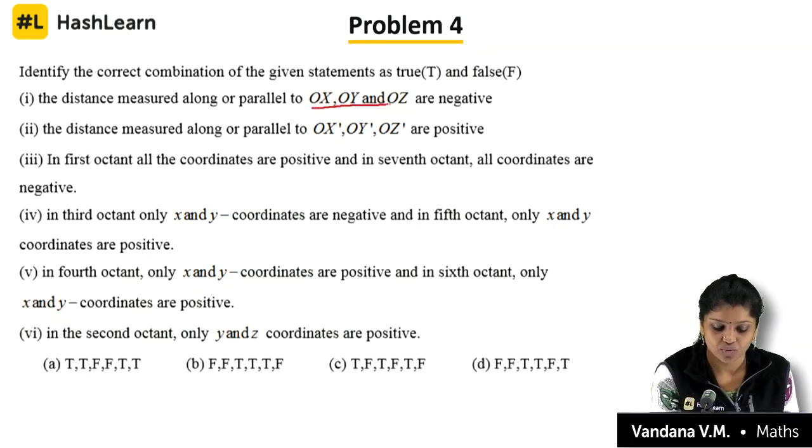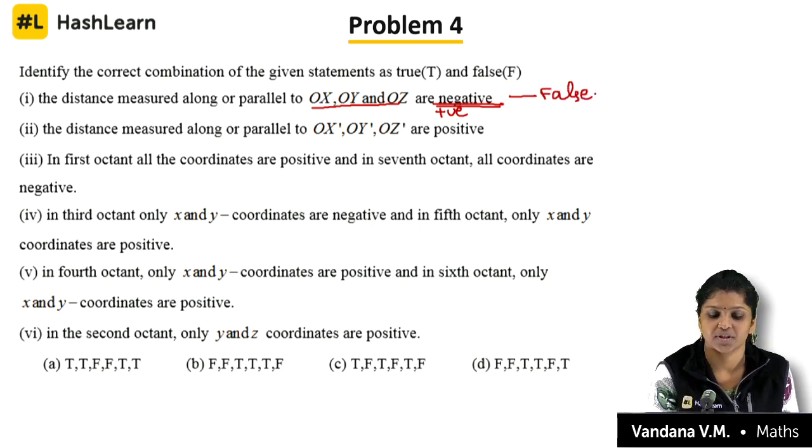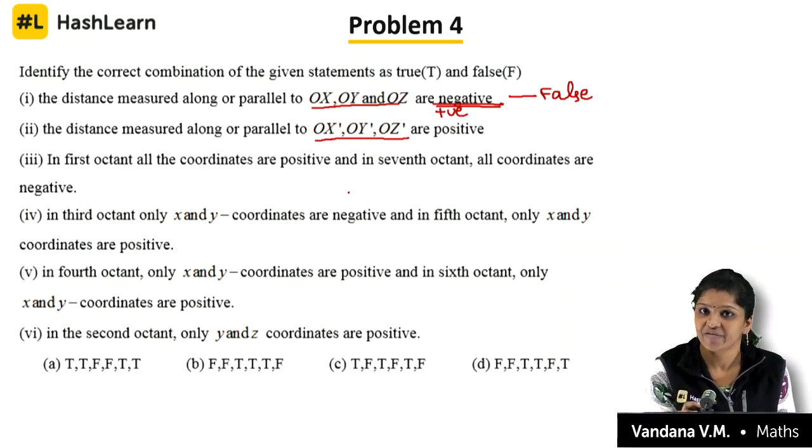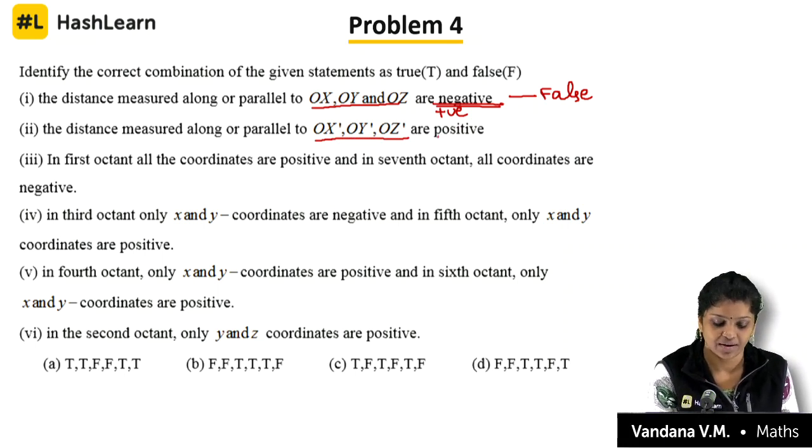Obviously, along OX, OY, OZ, I should take it in the positive direction, but they gave negative. So, this is a false statement. Clear? Next, the distance measured along or parallel to the negative x-axis, negative y-axis, negative z-axis. There we know we are going to measure it as negative, but here they gave positive. So, this is also false.